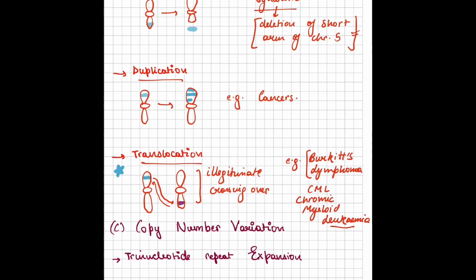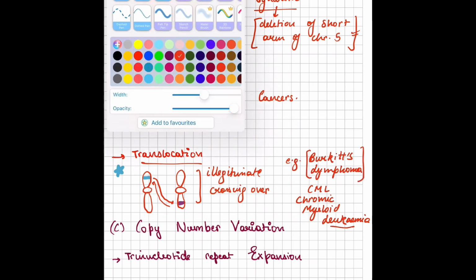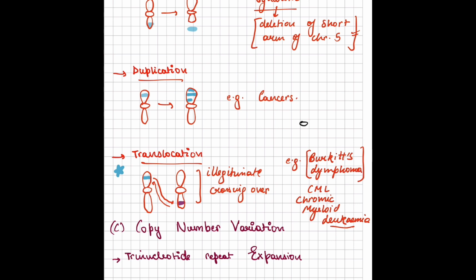So let's now understand what happens in Burkitt's lymphoma. In Burkitt's lymphoma, we have two chromosomes, chromosome number 8 and chromosome number 14. The chromosome number is important. On chromosome number 8, we have one gene known as the MYC gene.